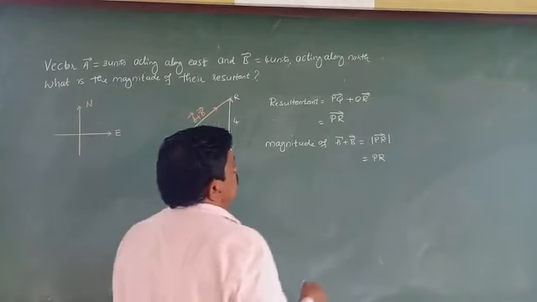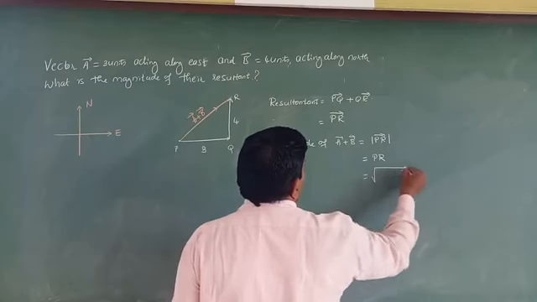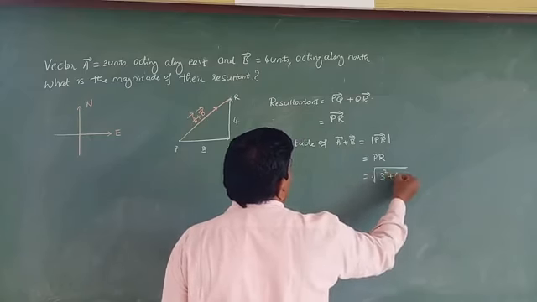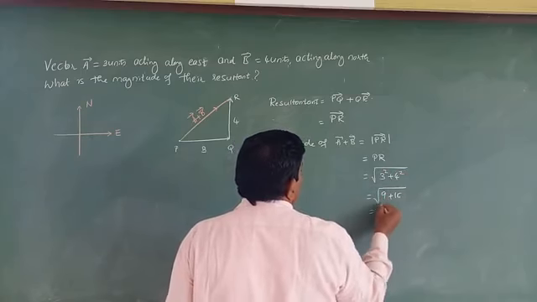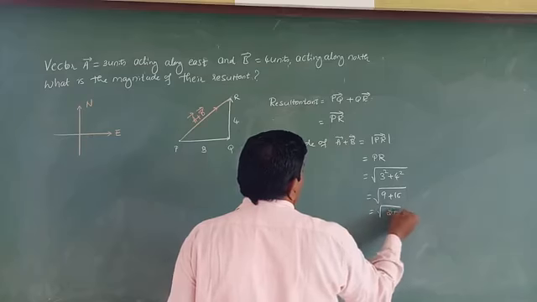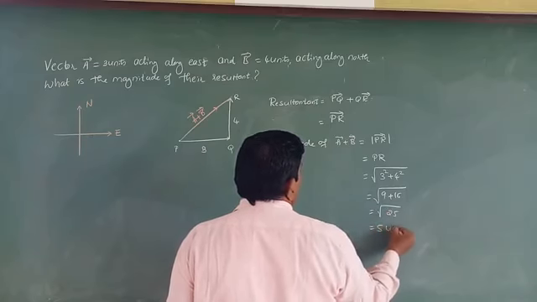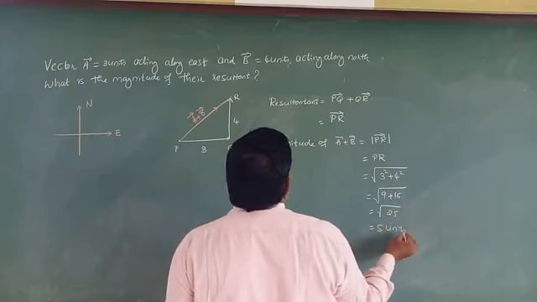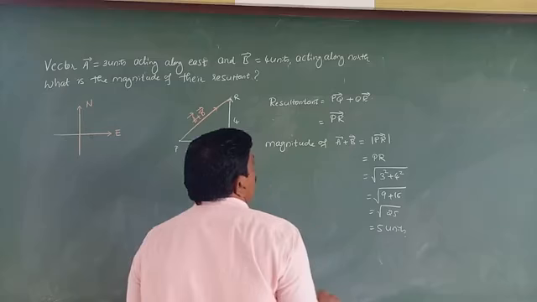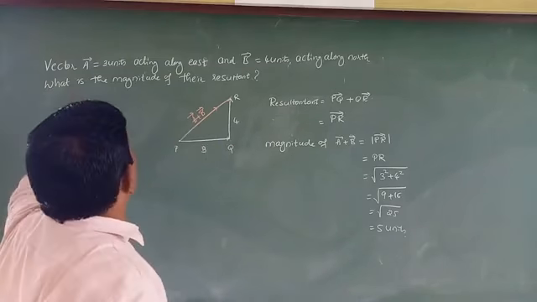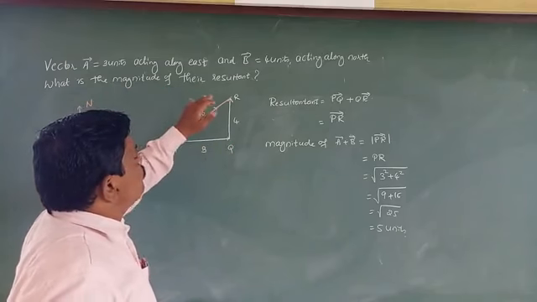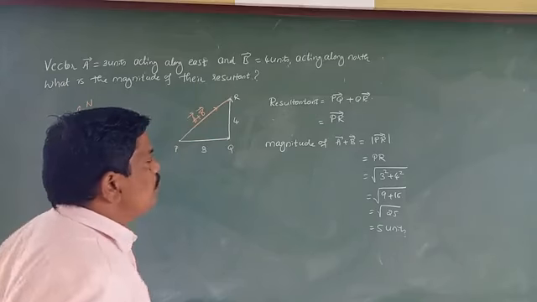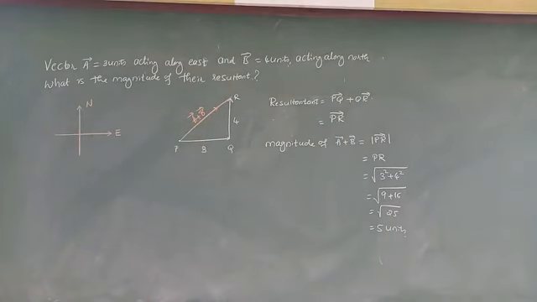From the figure, the length of the line PR is square root of 3 square plus 4 square, that is 9 plus 16, which is 25. Square root of 25 means 5 units. So this is the magnitude of the resultant of A and B. Note this down.